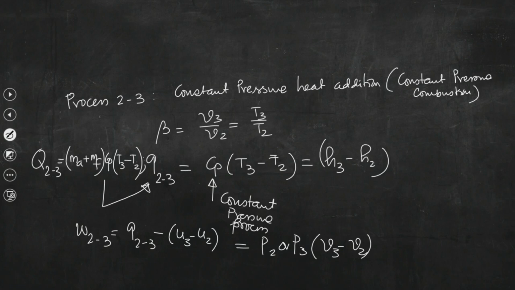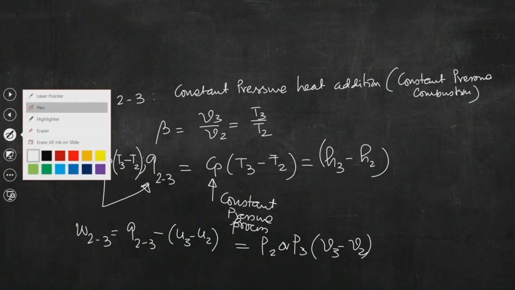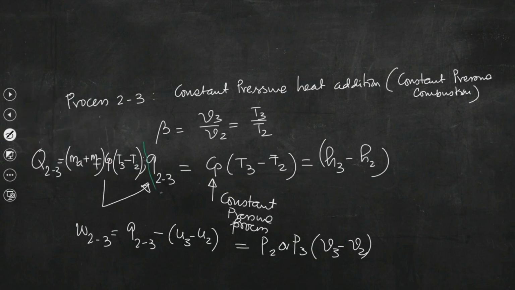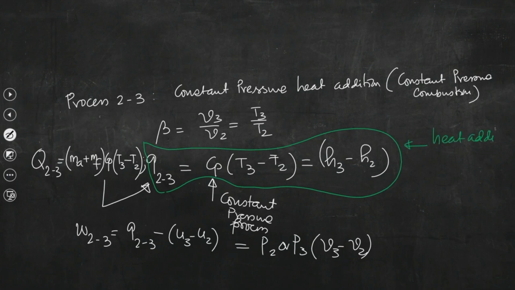It is very important to mention that this is the heat addition to the cycle, Q in. I have written it here because I will be using this expression later.